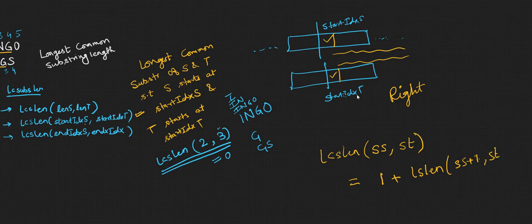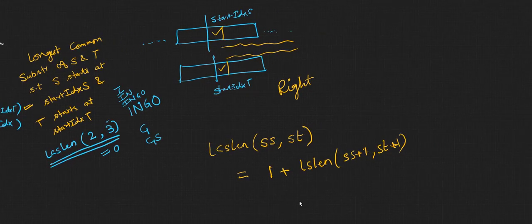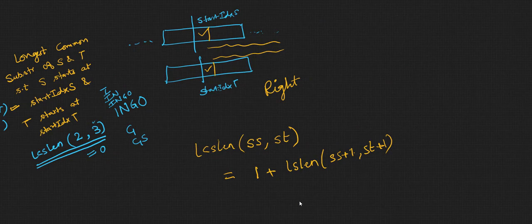No doubt about this, right? Because whatever is the common length of these, that will be the answer. So this case is applicable only when the characters match, so if S of SS is equal to T of ST.